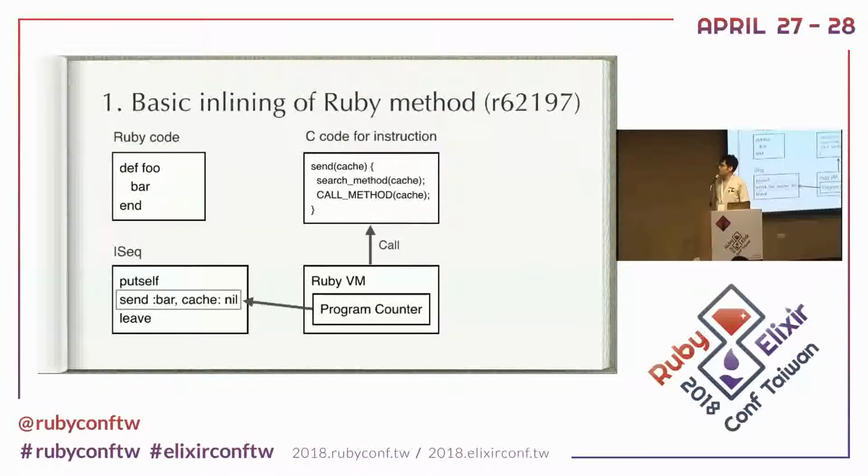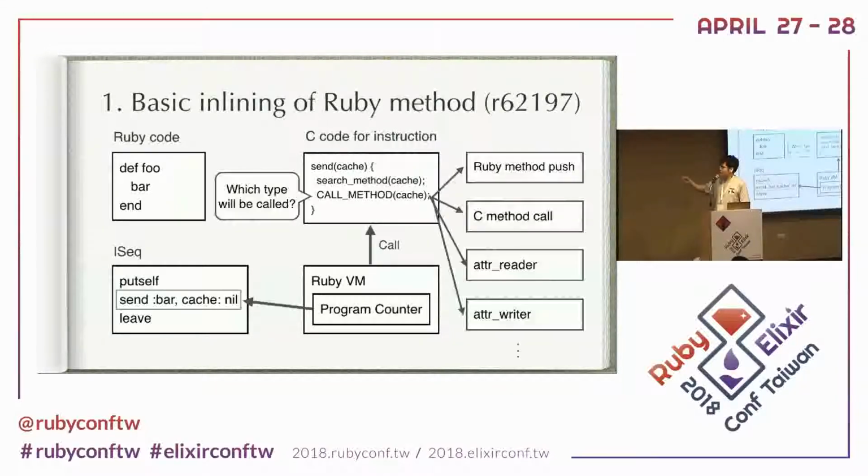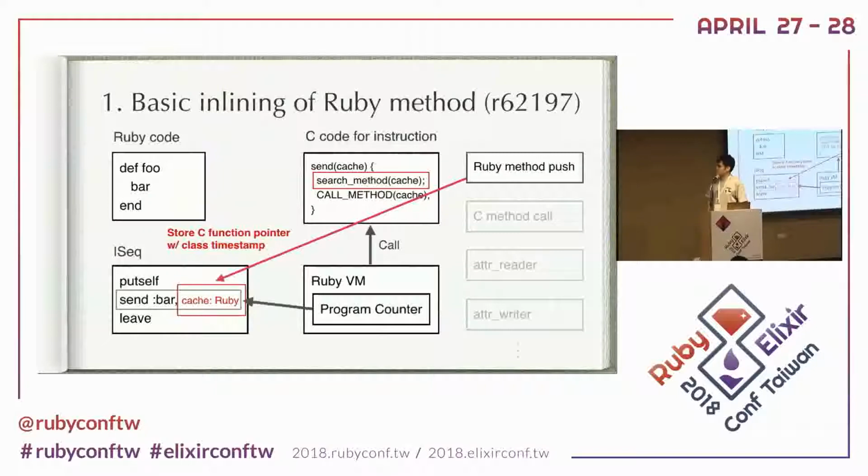When it calls the send instruction, there may be some types of Ruby method. There can be a method implemented in Ruby, or a method implemented in C, or an attribute reader or attribute writer. So before we execute the foo method, we don't know what type of method bar is.